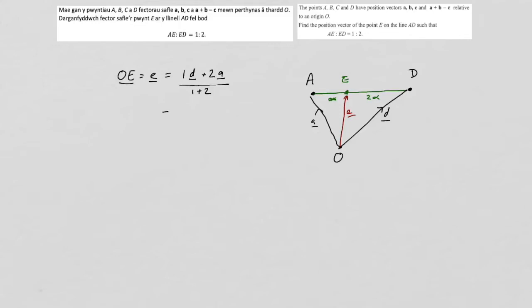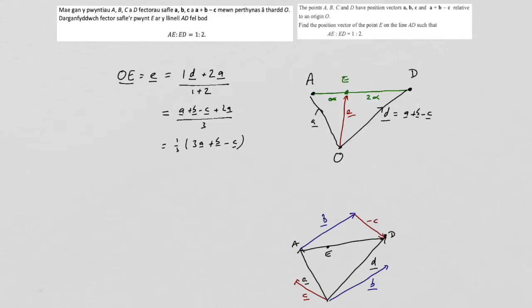So now we can substitute in for what the vector little d is, and of course little d is A plus B minus C. That's what we're given. So that's going to be A plus B minus C plus the 2A divided by 3, and we'll take the third out because it looks better, and that gives us 3A plus B minus C.